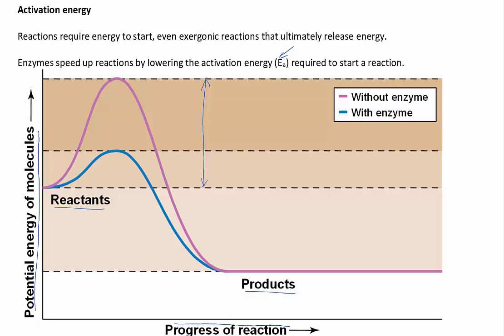And you can see that by looking at how much energy is required in order for that reaction to go to completion. Whereas when you use an enzyme, you can see that you've reduced how much energy is required for that reaction to go to completion.